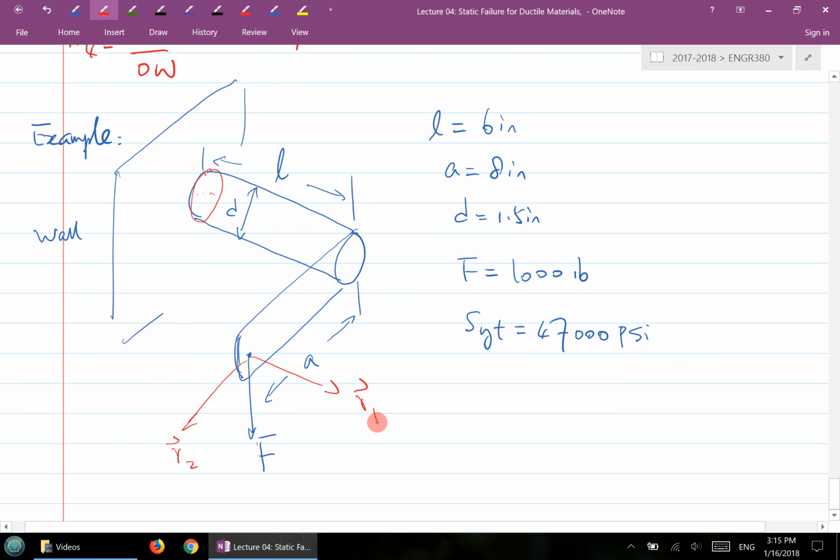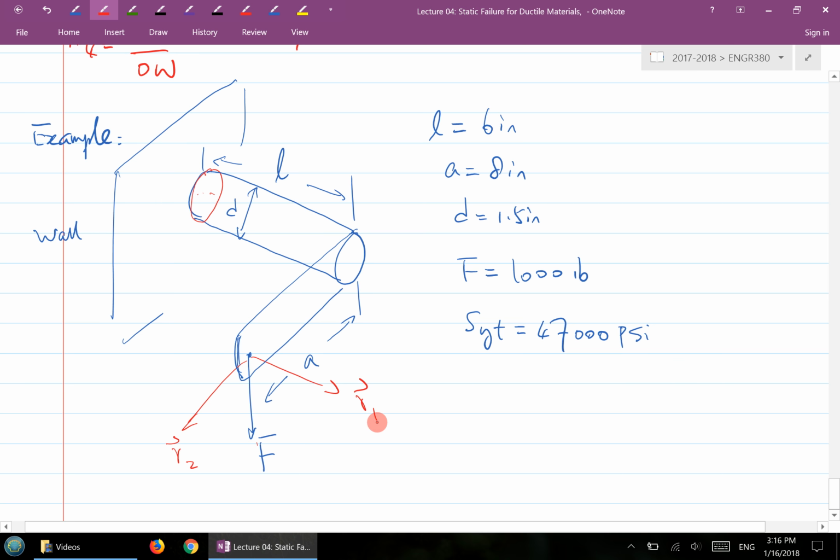Position vectors. So r cross F: r1 causes a moment in this direction, and r2 causes a moment in this direction here. Does that make sense?